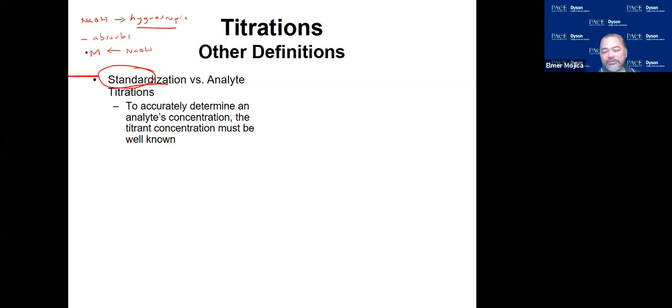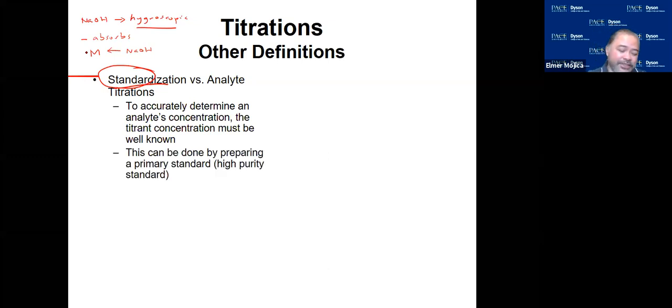Instead of 1 gram, you're going to measure around 1.1 because it has absorbed moisture. So the best way to determine its concentration is to do a standardization. You react it with a standard, a primary standard, which is a high purity standard.